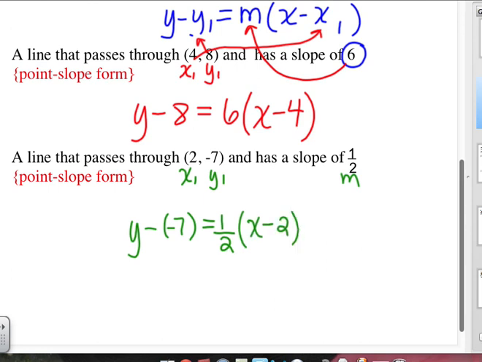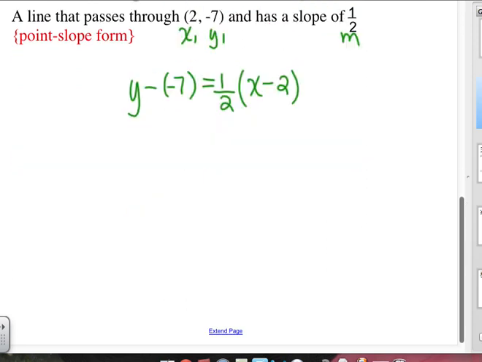Okay, well, here's the deal. This isn't bad. It's not terrible, but it's really not perfect, okay? And here's what I mean by that. When you have y minus -7, that's kind of like nails on a chalkboard for me. Subtracting a negative really needs to be written as this.